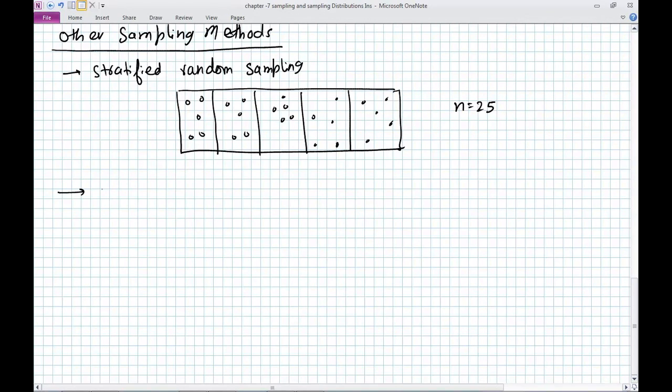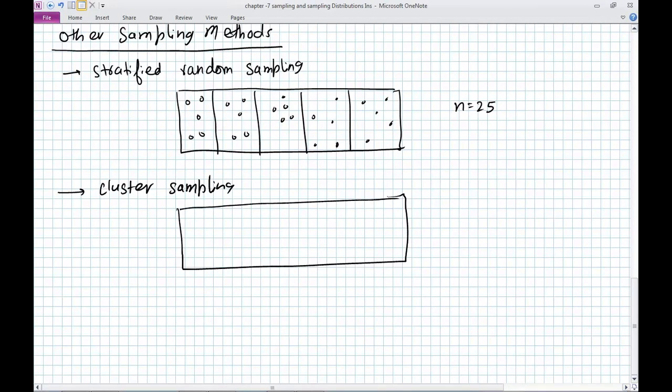Another sampling process is cluster sampling. So if you have this population, and suppose on some criteria we can classify this population into 5 different clusters, like 1, 2, 3, 4, 5.